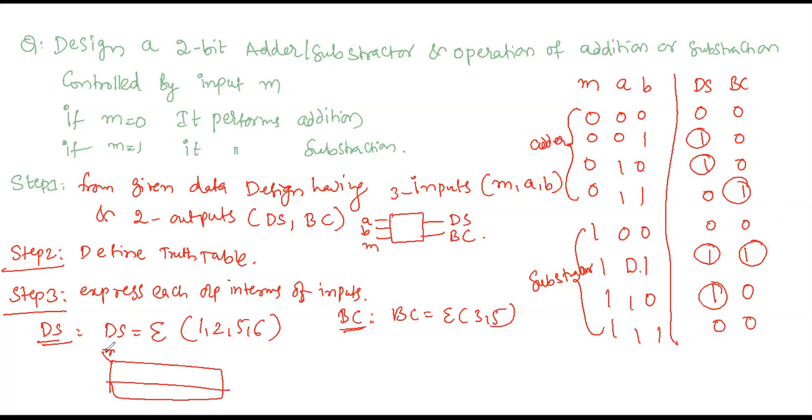Okay, M, A, B. Here the order I have taken is M, A, B, so you have to write the corner values also. 1, 2, 5, 6. Next, here 3, 5.